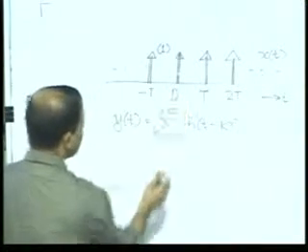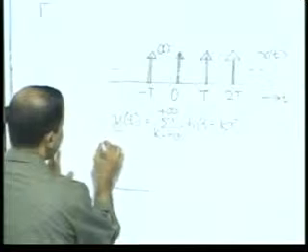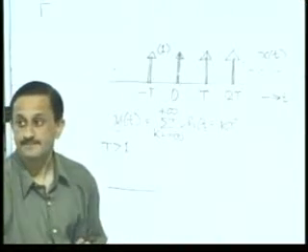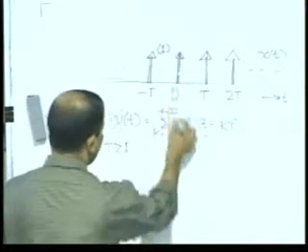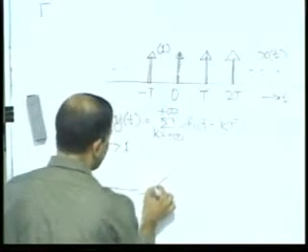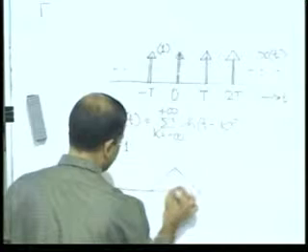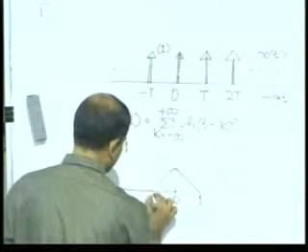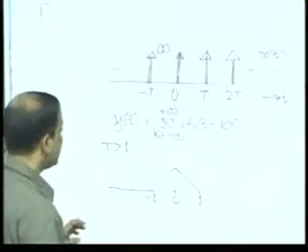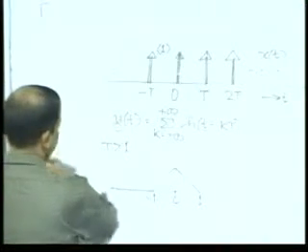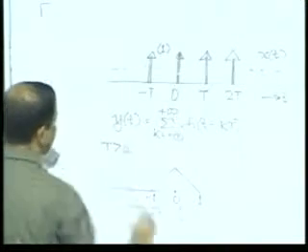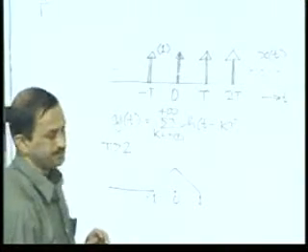So you see at every, now let's take the case where T is greater than 1. In fact, not just greater than 1, we need it to be greater than 2. So let's take the case when T is 2. Okay? So the impulse at 0 will result in this.